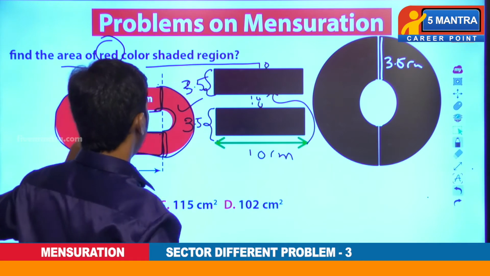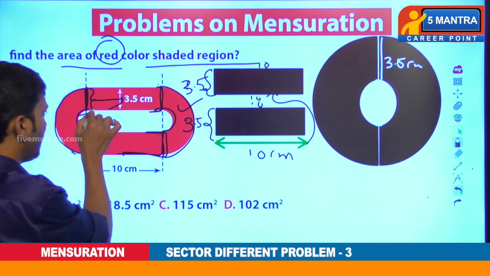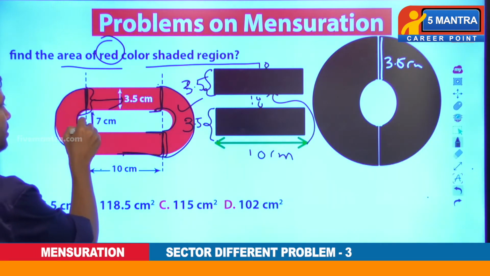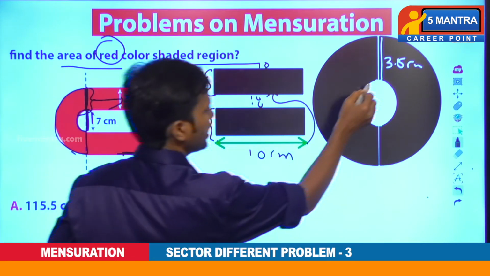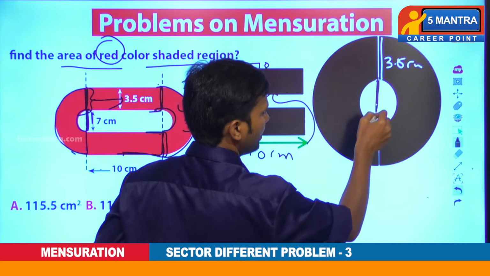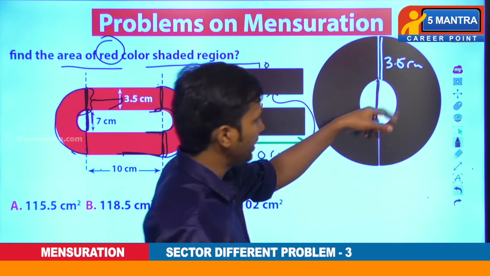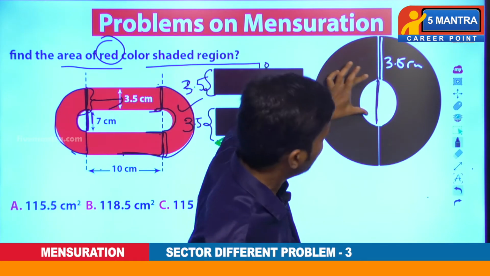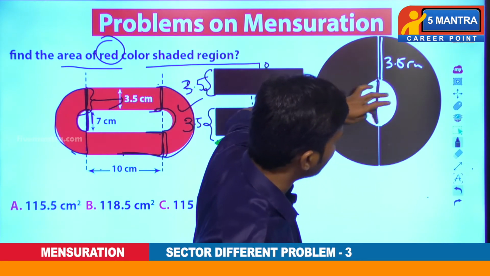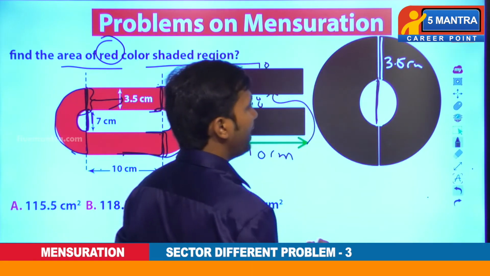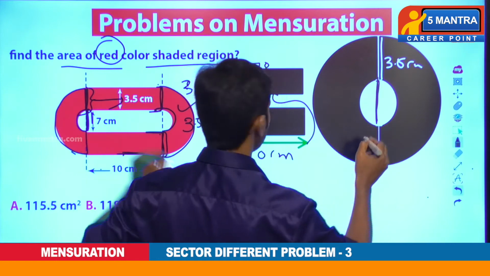Now, this length is given as how much? 7 centimeters or not? This part only, no? In this circular ring, this is the diameter of the inner circle or not? If you consider this as the inner circle, this is the diameter of the inner circle. Is that right or not? And that is given as 7 centimeters.